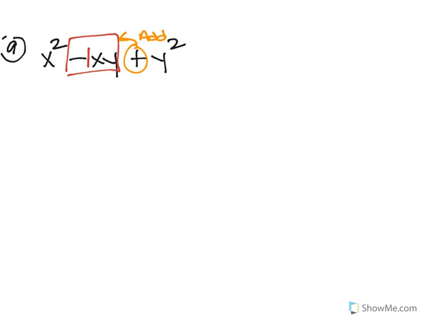Number 9, we have x squared minus xy plus y squared. So we know that's the understood negative 1 in the middle. And we are adding to get 1. And I want you to keep in mind that in front of your x squared and your y squared is just 1s.